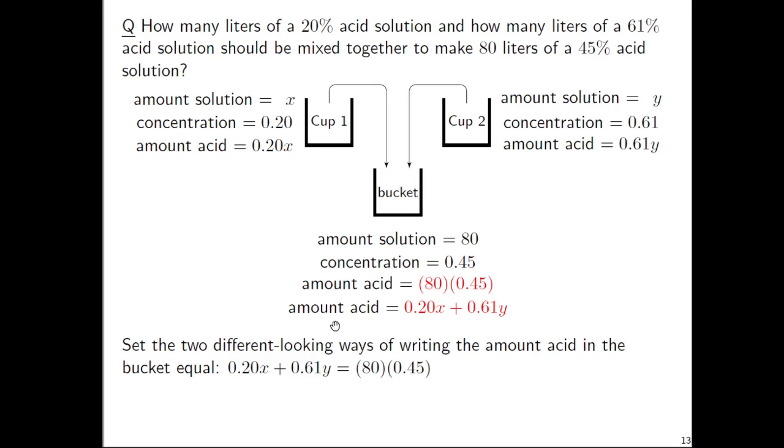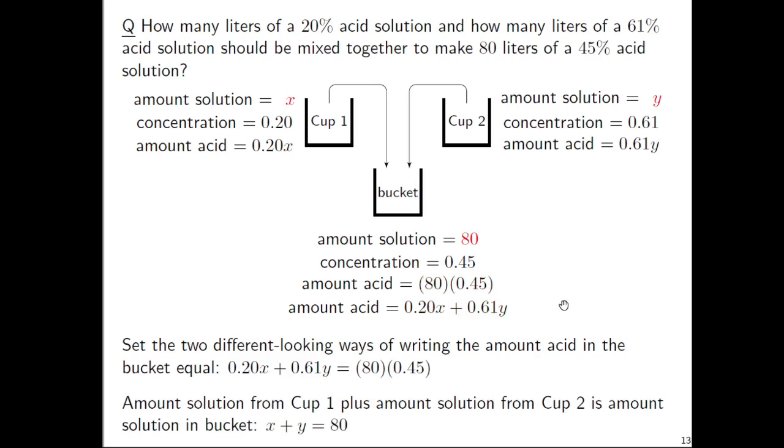The other time you get the amount of acid as a sum because you're adding the amount of acid contributed from cup 1 to the amount of acid contributed from cup 2. So you always have 2 different looking formats. One's a times, one's a plus, and they'll always look different, but they actually refer to the same thing, just how many liters of acid are in the bucket. So we'll set them equal.